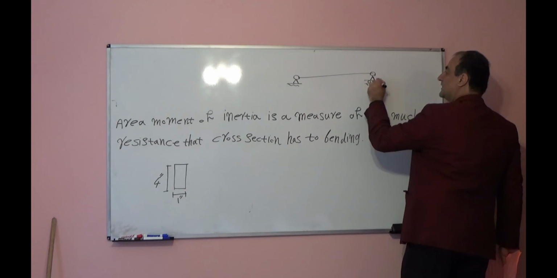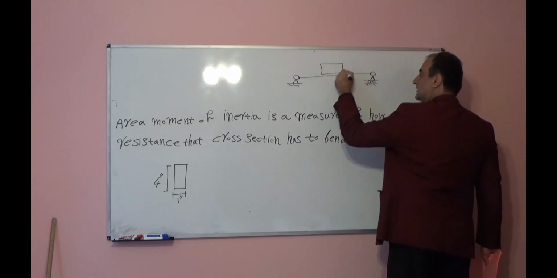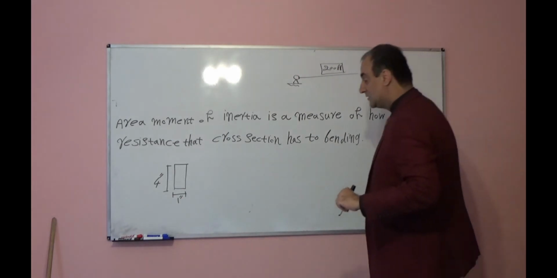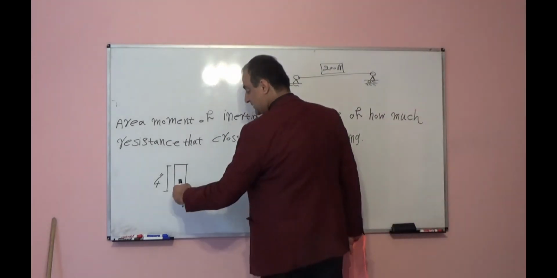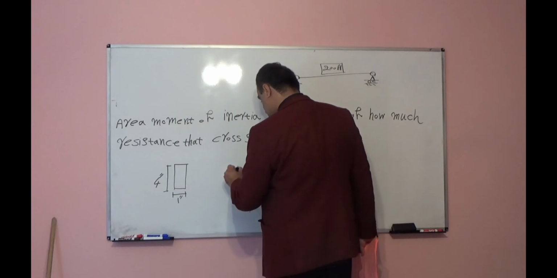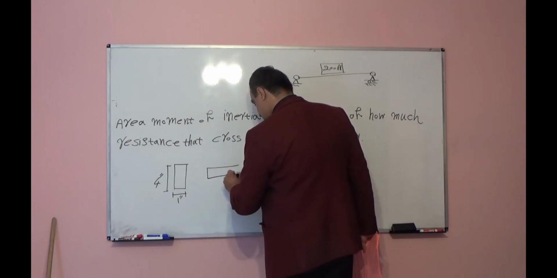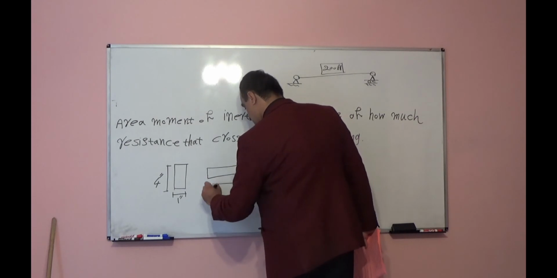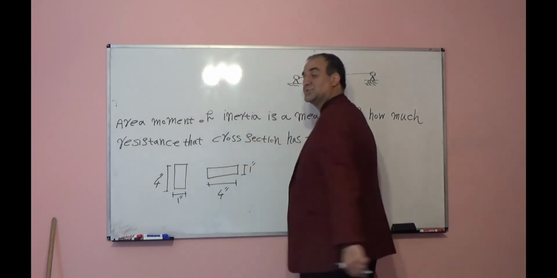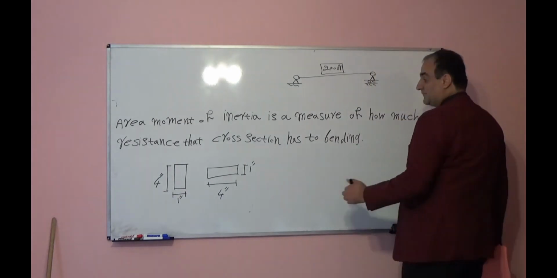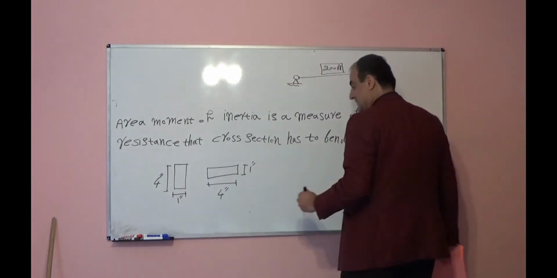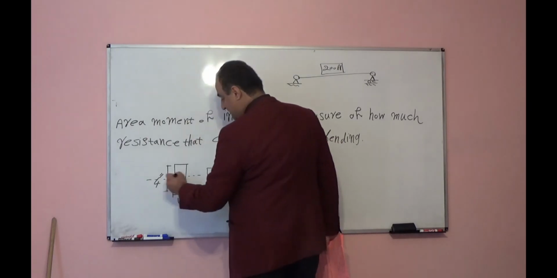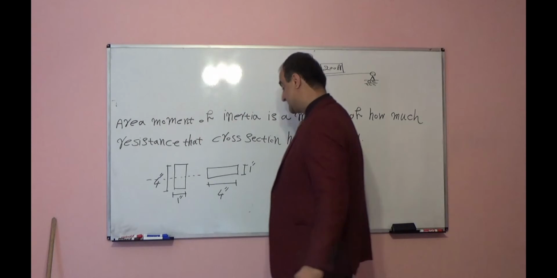And you will put one weight here, for example, 200 pounds, anything. You can place this lumber in this direction, or the same lumber cross section 1 inch by 4 inch but in this direction. If we put it in this direction, the bending axis will pass through the centroid, it will bend with respect to this axis.